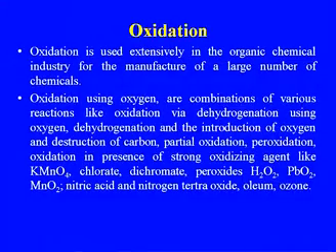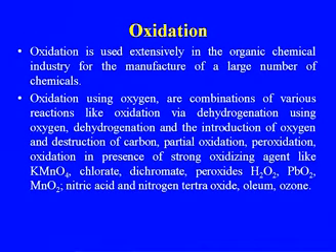Oxidation is again an important reaction in any chemical process industry at various stages. One typical example is ethylene to ethylene oxide, the oxidation of ethylene. Oxidation is used extensively in the organic chemical industry for the manufacture of a large number of chemicals.